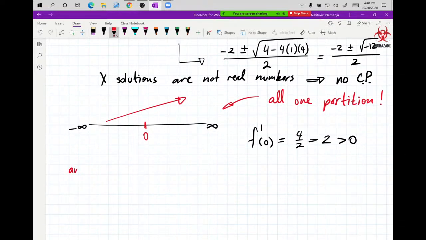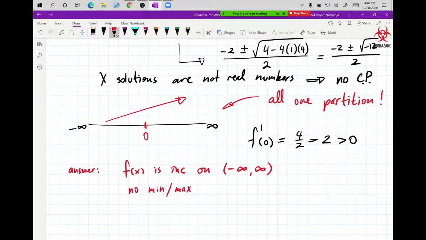So the answer over here is f of x is increasing on the entire domain, negative infinity to positive infinity, and we have no min or max in the whole problem because there are no critical points to be min and max.